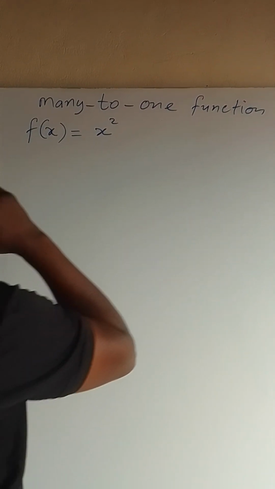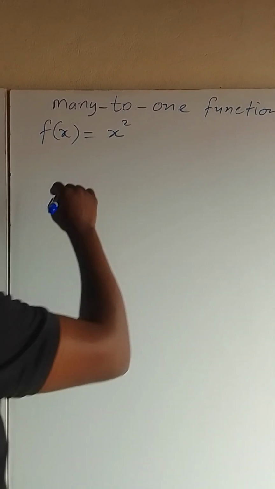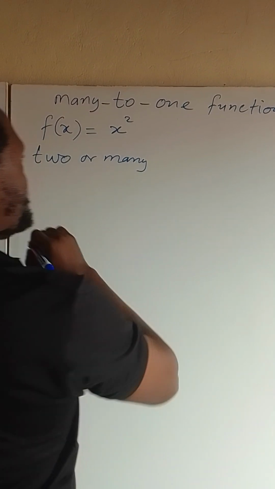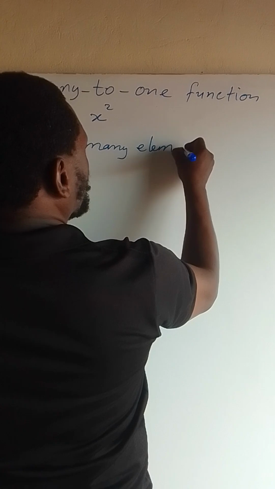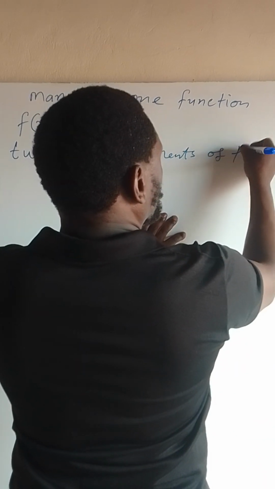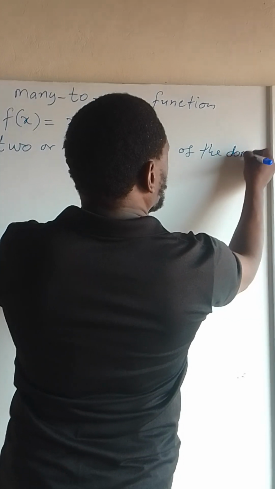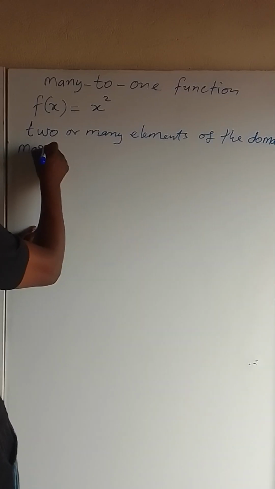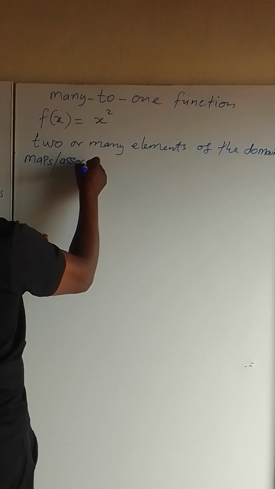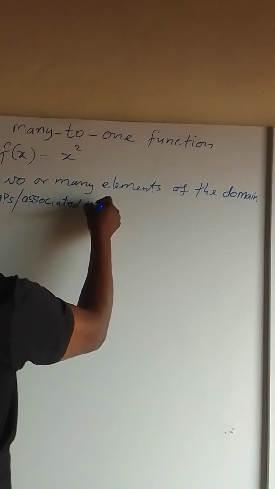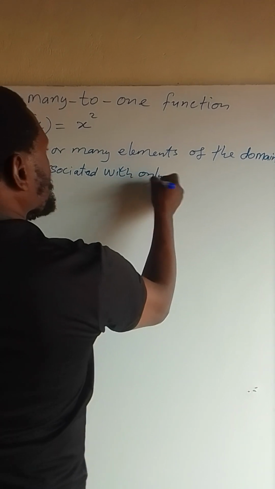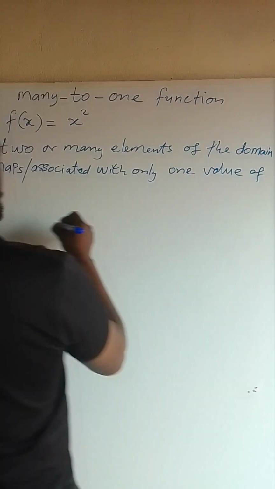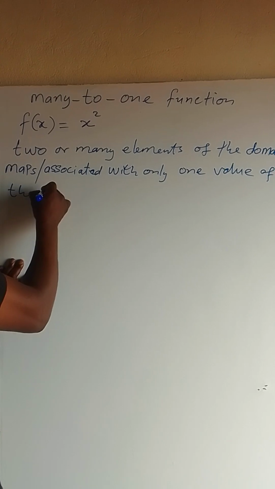In this case, you have two or many elements of the domain that map, or are associated, with only one value of the range.